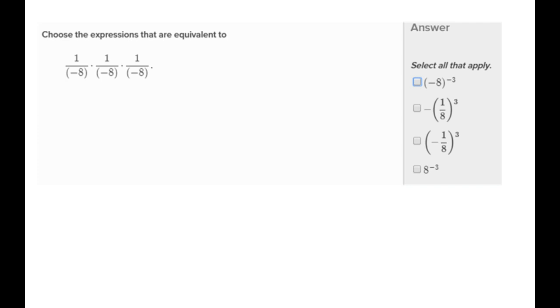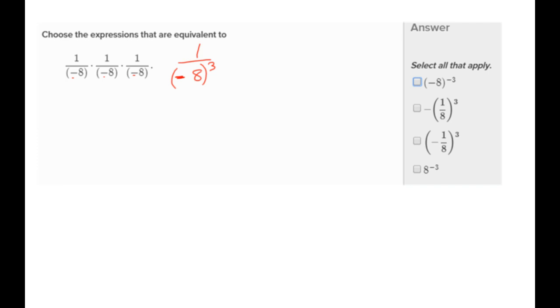Here we have one of those again. Notice that this is the same as 1 over negative 8 to the 3rd power. I am multiplying using this negative each time, so the negative has to be inside.